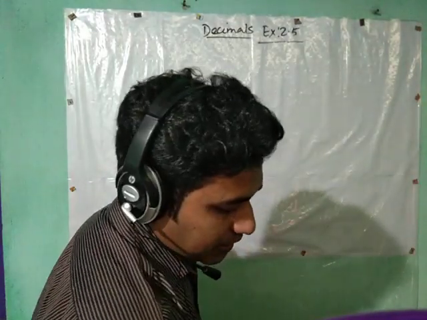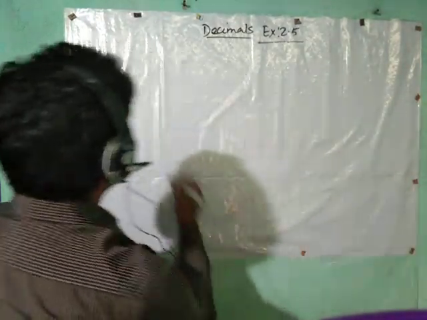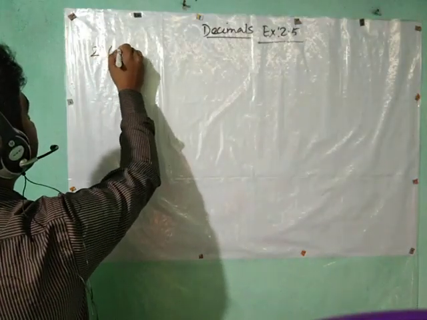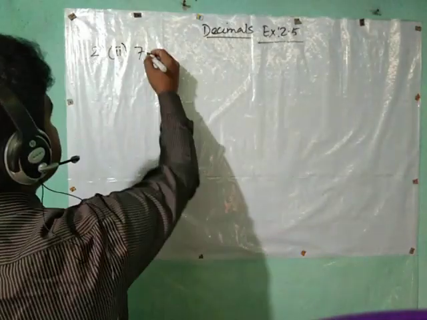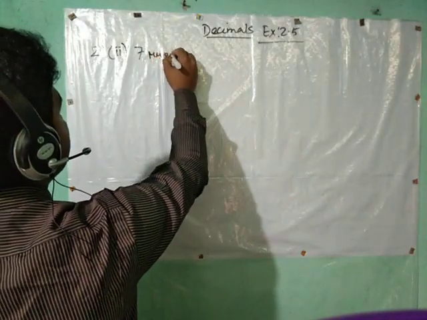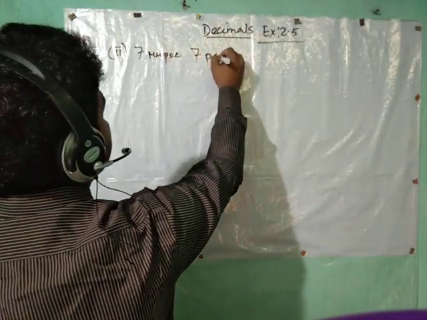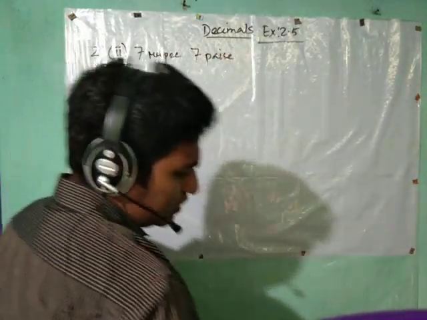देखो, in question number 2 what do we need to do? Solve. We need to convert 7 rupees 7 paisa. Now what does it mean?